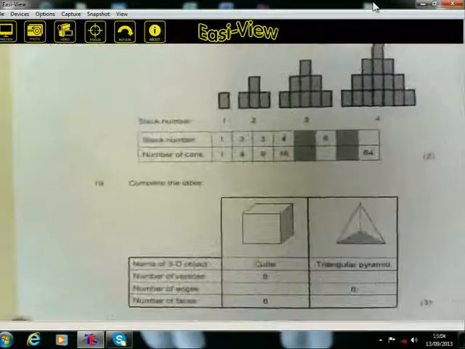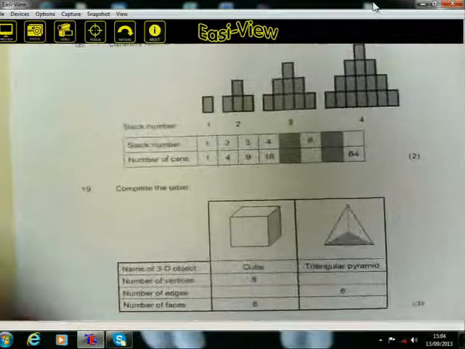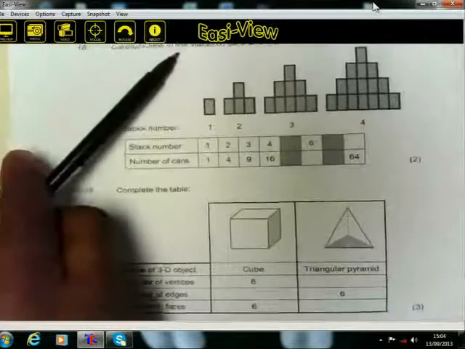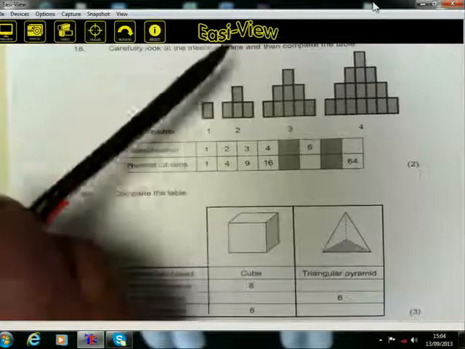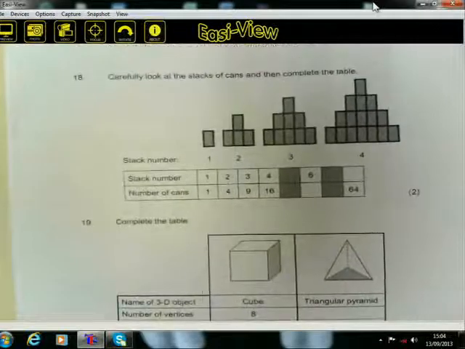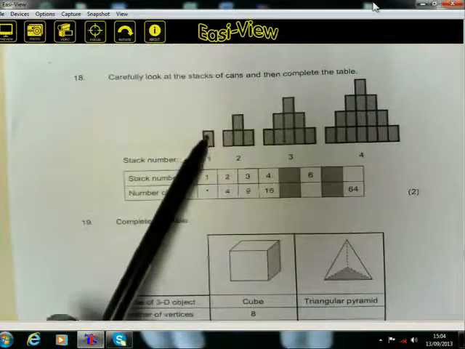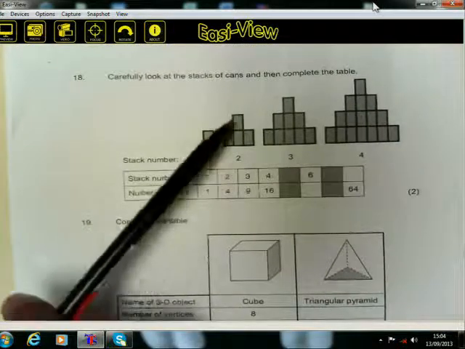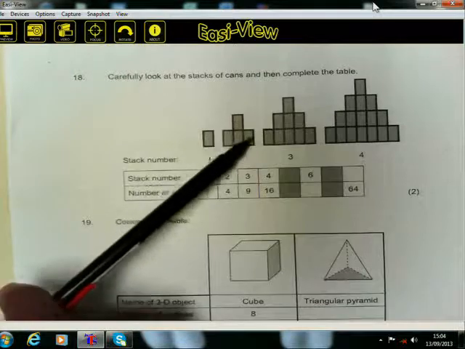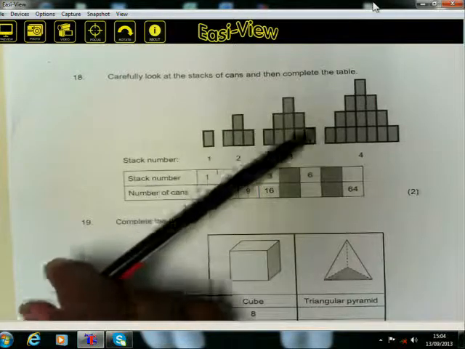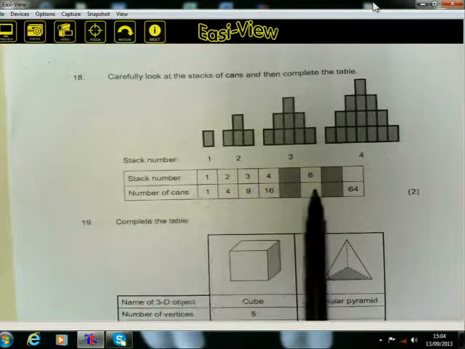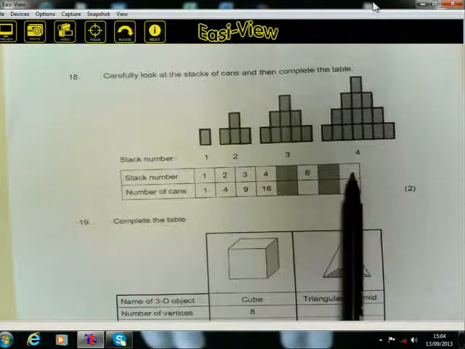Let's look at that 18. Carefully look at the stack of cans and then complete the table. Stack number 1, you see there 1. Stack number 2, 1, 2, 3, 4. Stack number 3, you see there. Now Elena was supposed to complete here and there.